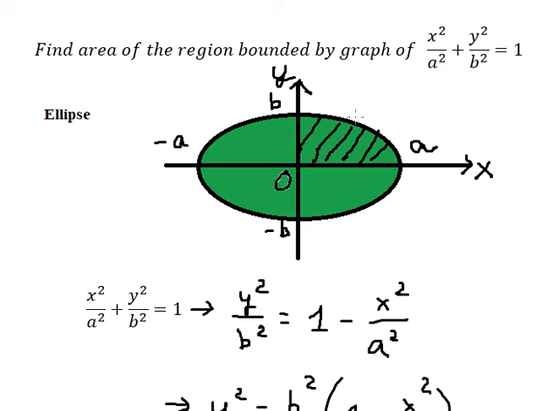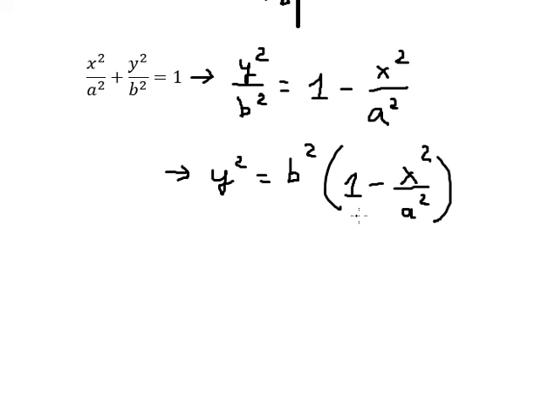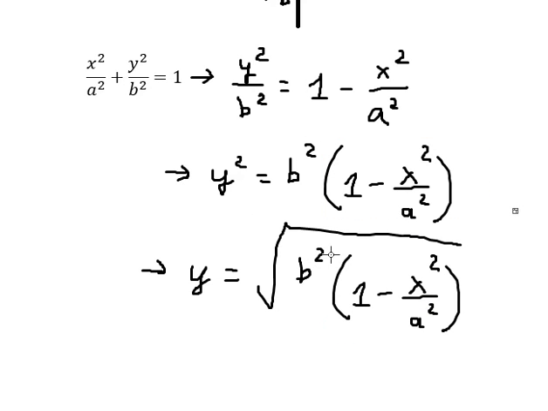So if we look at the graph, this one in here is about positive. So when we take the square root, we just choose only positive. So the square root of b square, we have b outside.